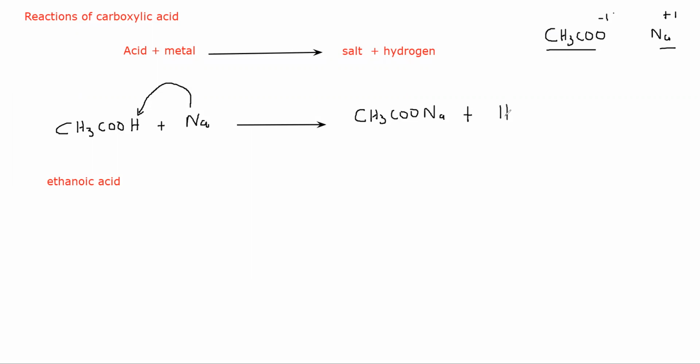Hydrogen is a non-metal. Whenever a non-metal element is there, it should always be diatomic except group 8. Is it clear? So this is how the product is formed. So first thing is completing a product.